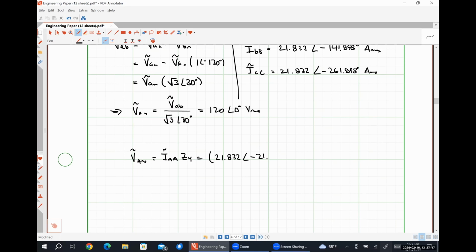21.832 angle negative 0.898 multiplied by ZY, which was, I think, 5 plus j2, if memory serves me correctly. If I got that wrong, please let me know before I type it into my calculator and look like a jackass.